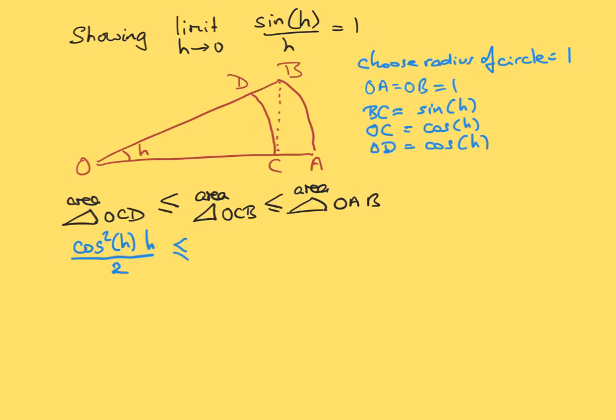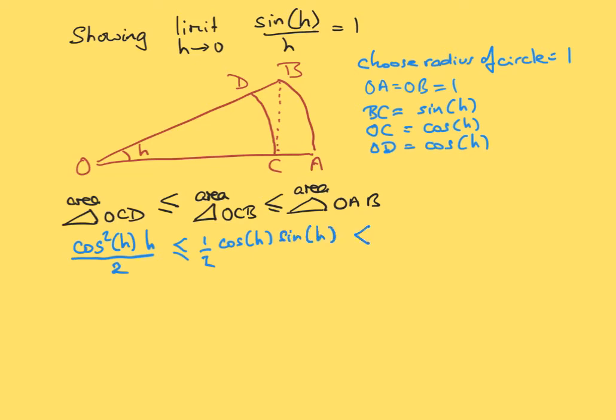The area of a right angle triangle is a half the base times the height. So it's a half, and the base of our triangle is OC, the cosine of h, and the height of the triangle is CB, the sine of h.